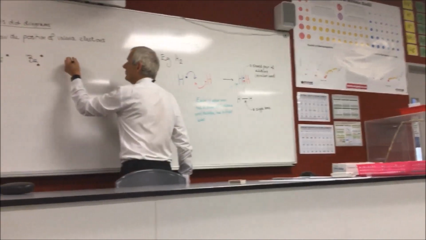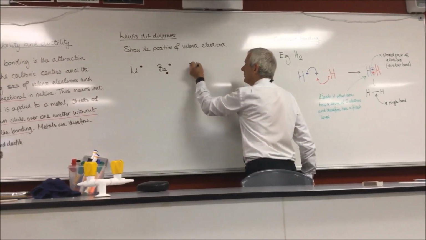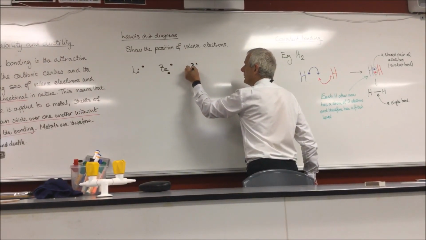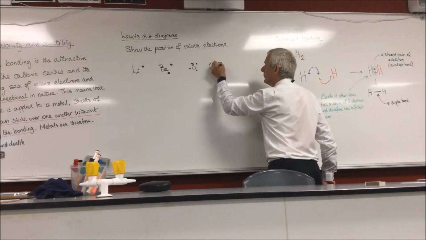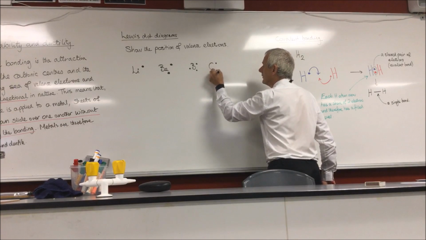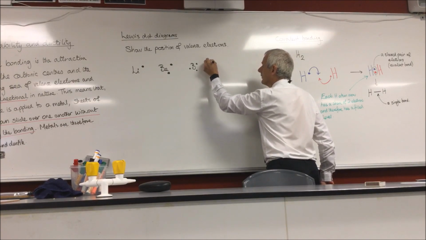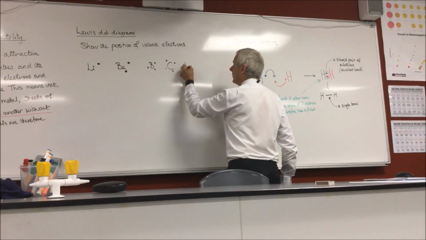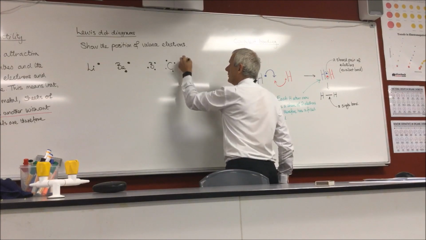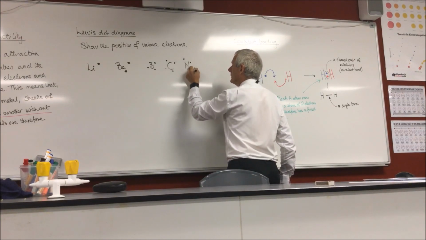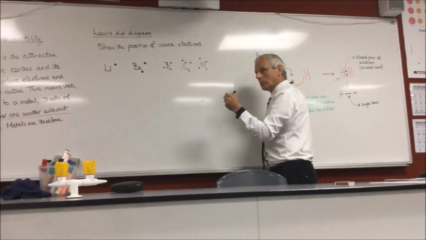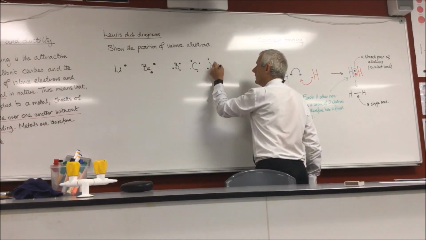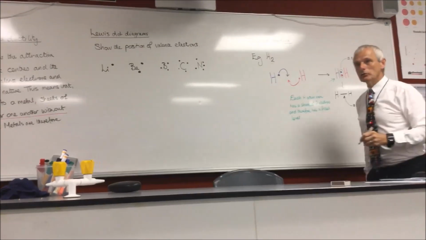So if we go to boron, which has got 3 valence electrons, you've got carbon, which has 4. We've got our 4 from before. Now we have to start pairing them up. That's where our 5th one goes.